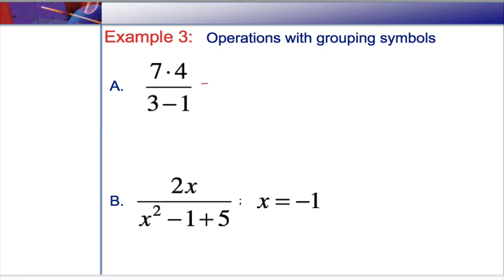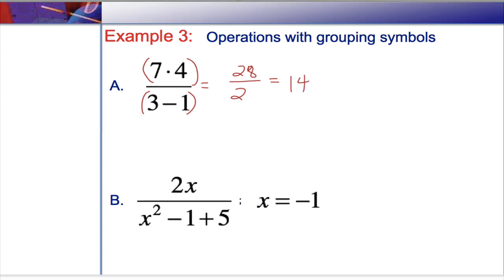According to my rules, I have to do the operations in the numerator first. It's like there are parentheses around 7 times 4. Well, 7 times 4 is 28, and 3 minus 1 is 2. So if I do the numerator and denominator first and then divide, I get 14.